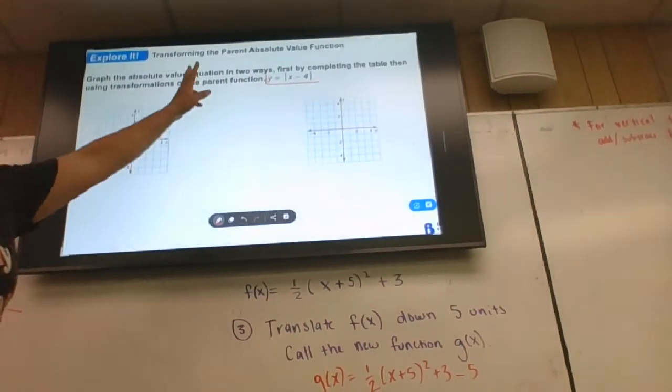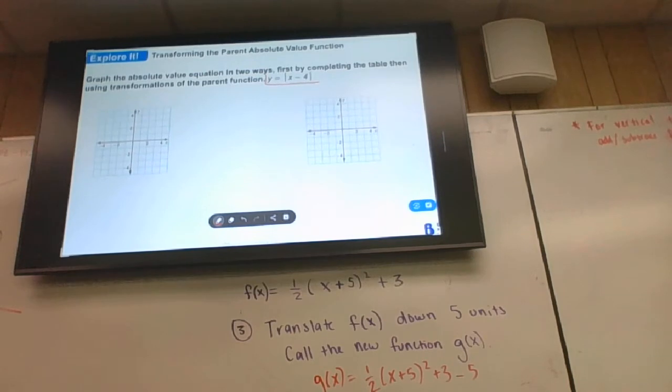All right, we're going to graph this equation in 2 ways. Our first way is to use a table. Our second way, same equation, is to use the transformation method.